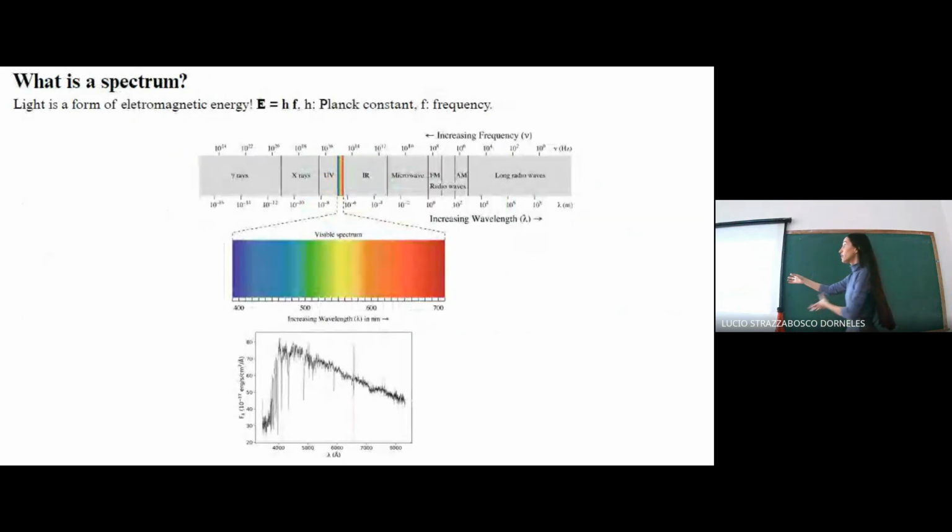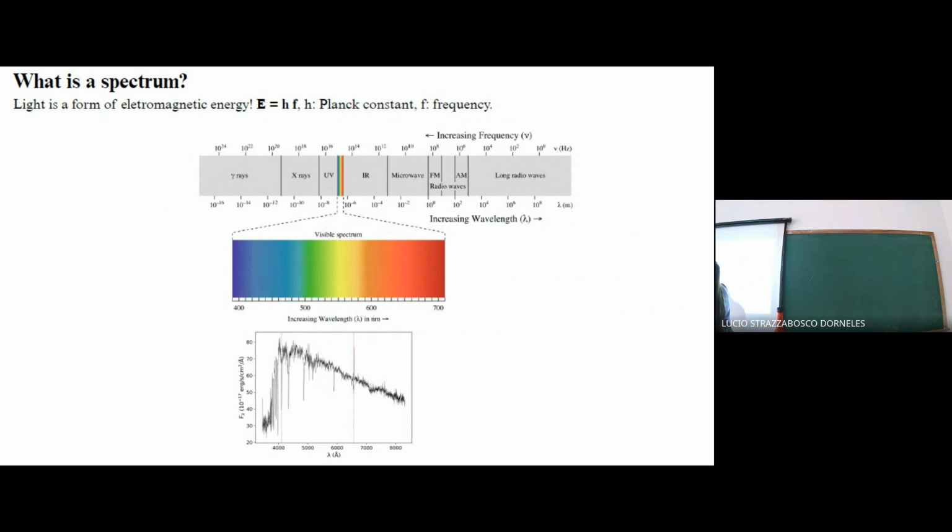So here is just so you remember what a spectrum is. We know this picture. We have to remember that light is a form of electromagnetic energy. So here we have the visible spectrum.